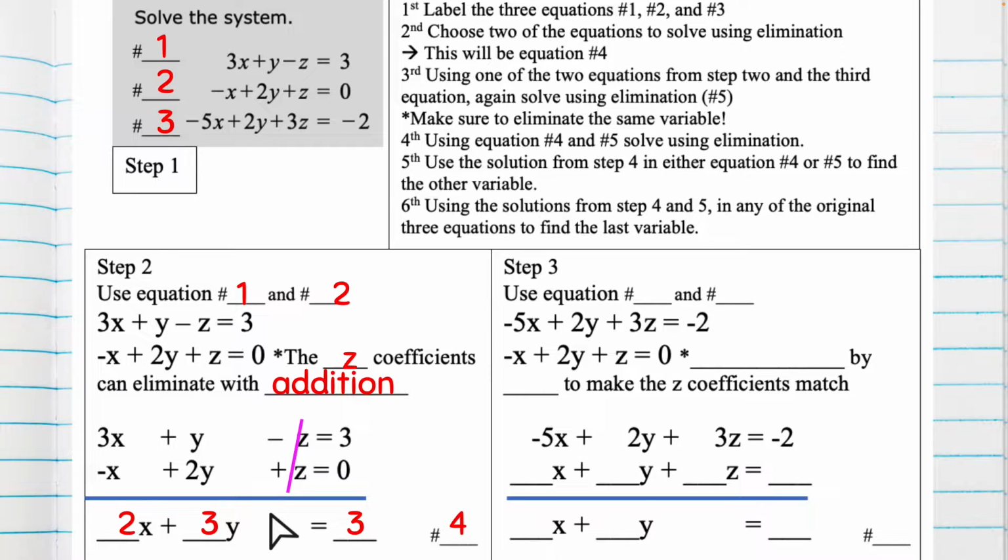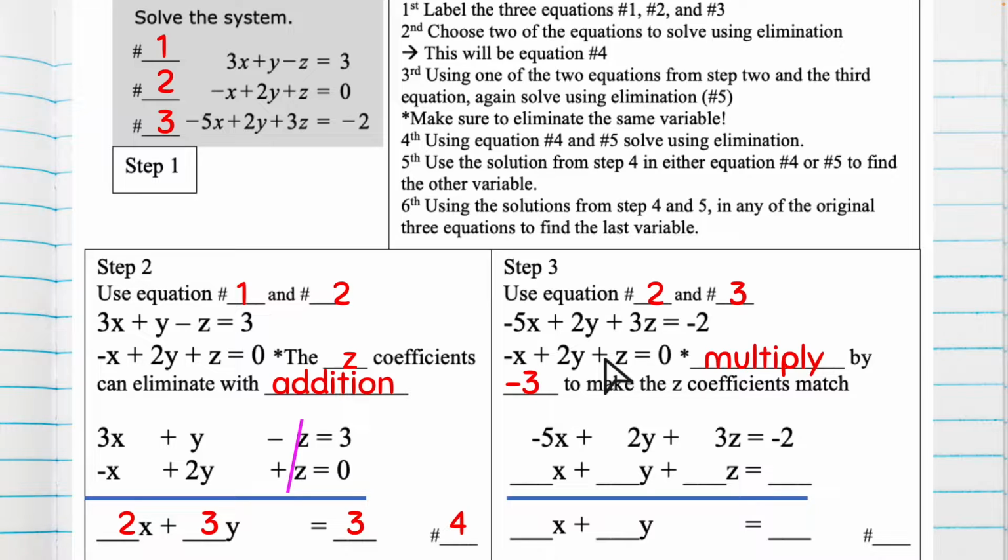So if I use equation 2 and 3, and I could have used 1 and 3, it really wouldn't have mattered, I just picked 2 and 3. With equation 2 and 3, I want to eliminate z in this case. So I want to make them match. This is using multiplication to make them match, so that when I add straight down, they cancel down to 0.